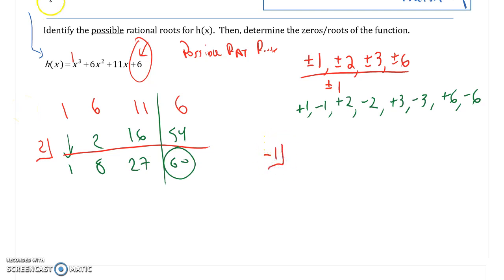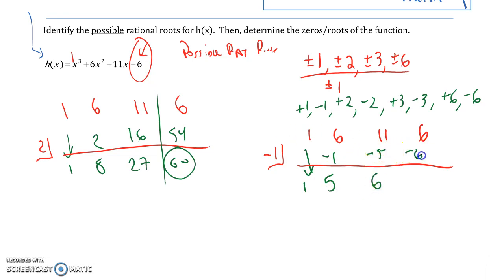So I'm going to go through the synthetic division process, 1, 6, 11, and 6. Bring down my 1, multiply and add, and so on. And what you notice is, sure enough, I have a remainder of 0. Now, what does that mean?